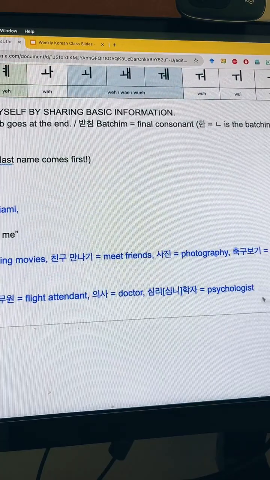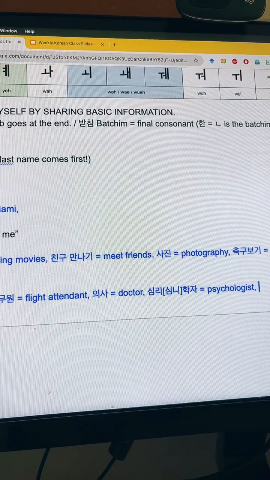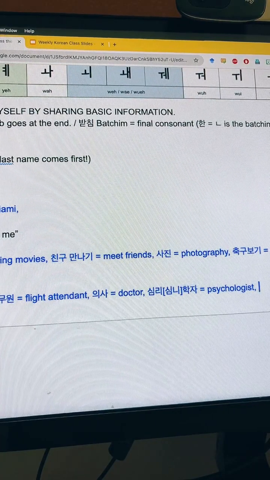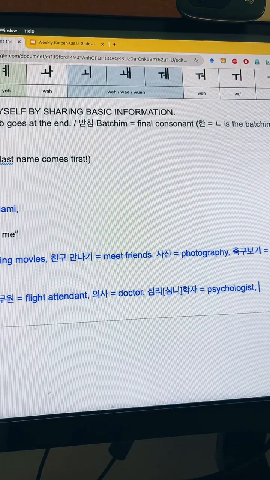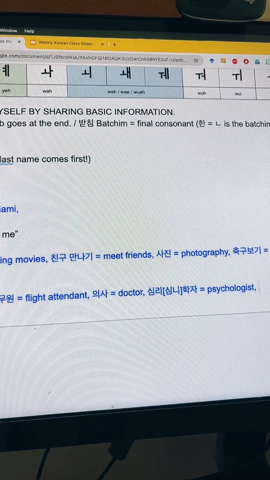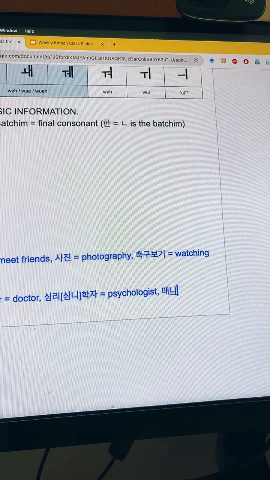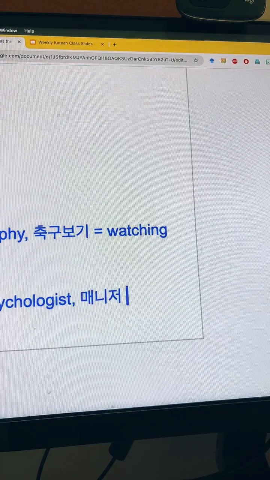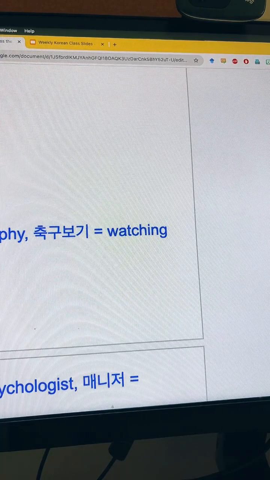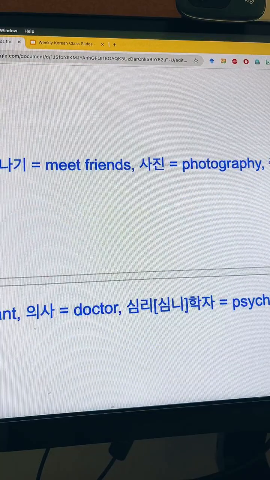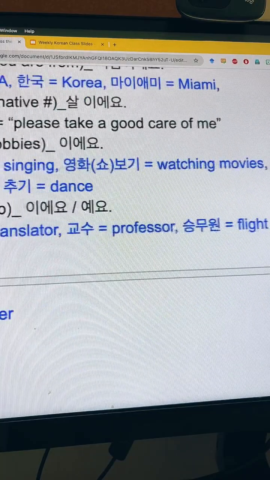How do you say office manager? First of all, manager, if you want to specify like manager, in Korean, you say 매니저. 매니저 means like manager. Okay.